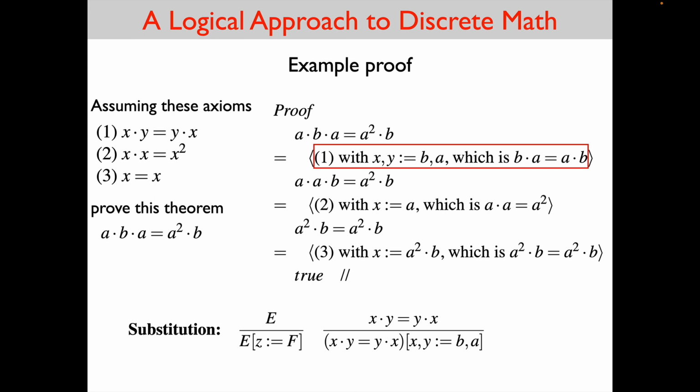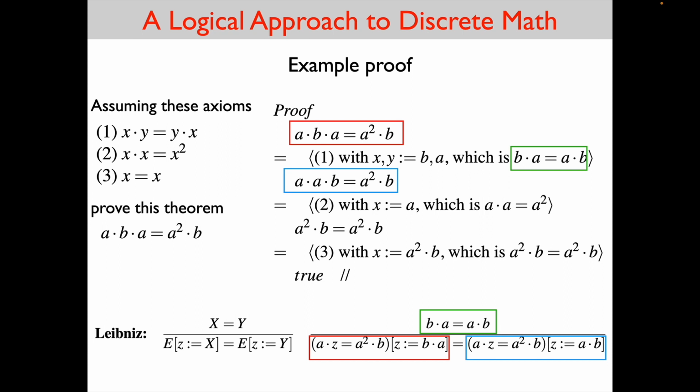Now the next inference rule that we used in this first step was Leibniz. Now what does Leibniz say? Leibniz says if we have x equals y, if we assume that that's true in all states, then e with 0 replaced by x equals e with 0 replaced by y. Well, look. In our hint, we determined that b times a equals a times b. That is the x equals y in Leibniz. Do you see it has that green rectangle around it?